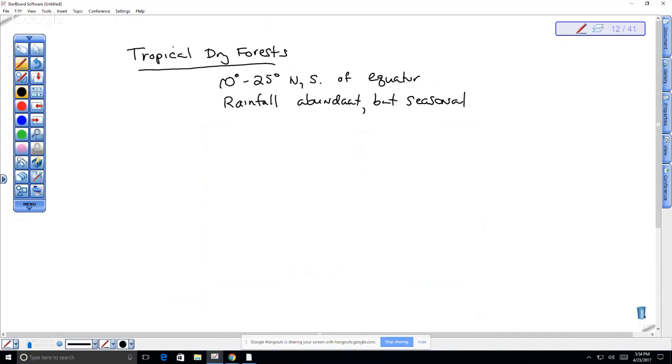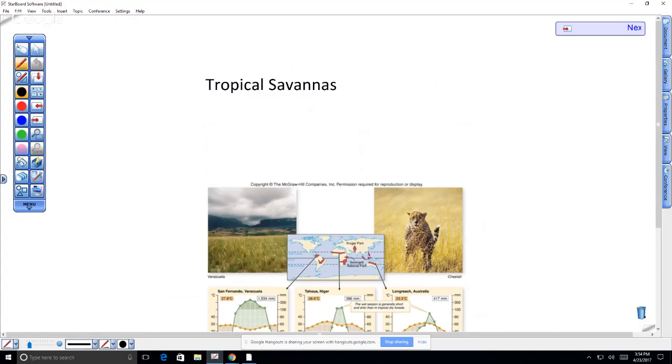Okay, so if we look at the next one, it's the tropical savannas. And when we think about the big African animals, not camels, but if we think about rhinos and elephants and zebras and giraffes, this is where they are found.